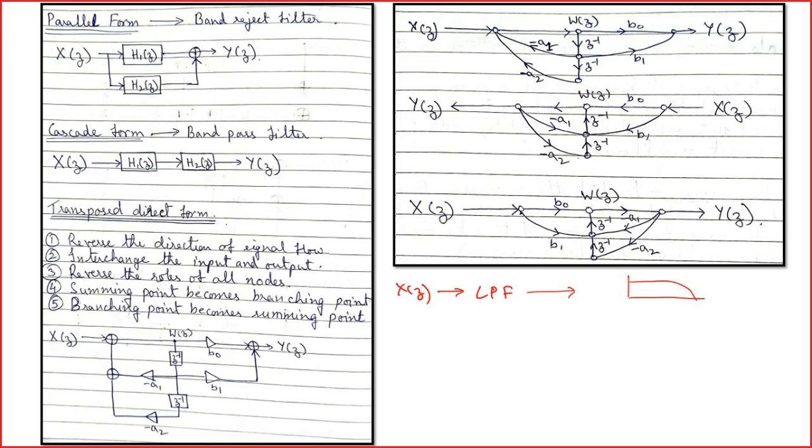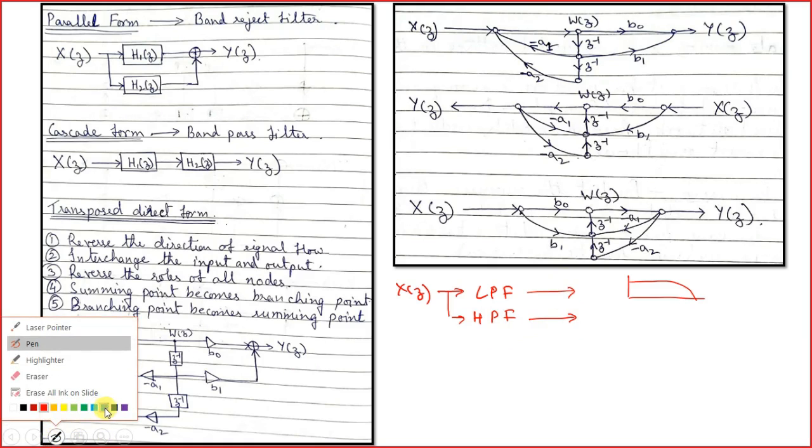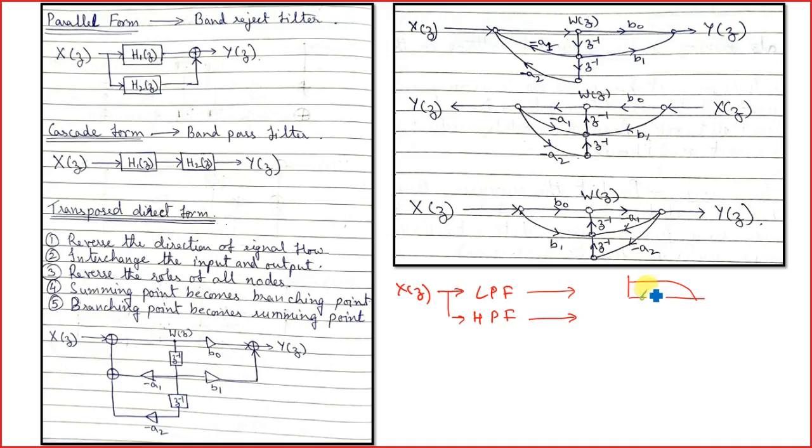So you get a component like this. Now if you take the same signal and put it through the high pass filter, and you get the output, and then you add up, you will get a composite signal, something like this.